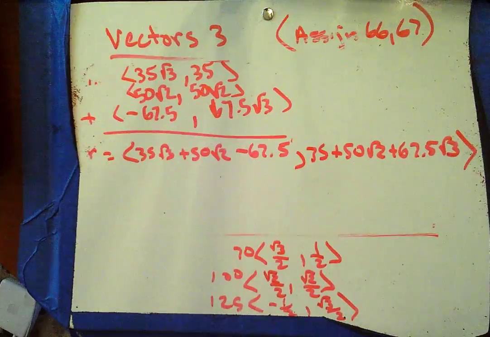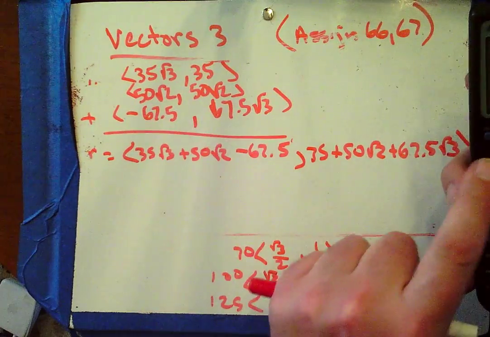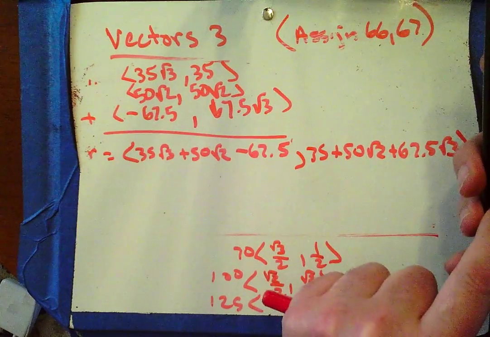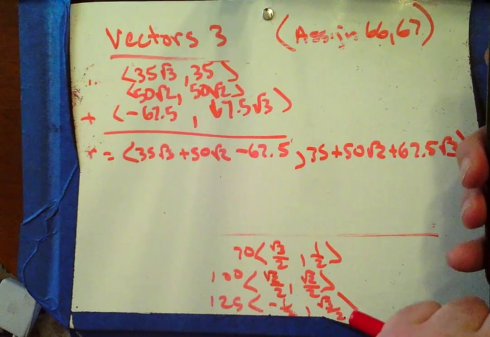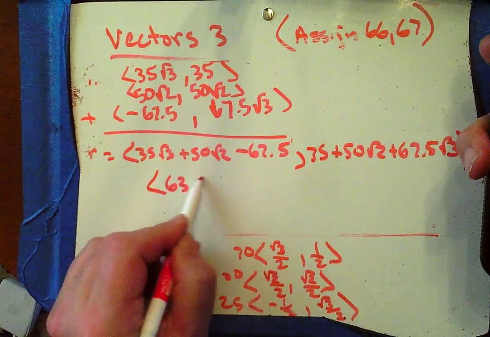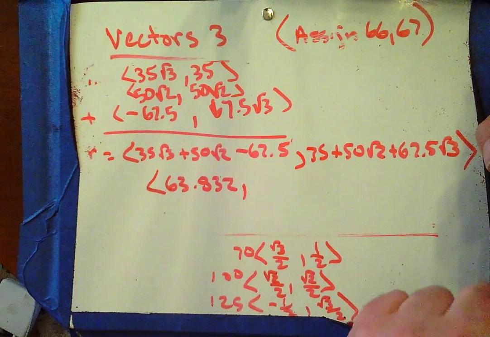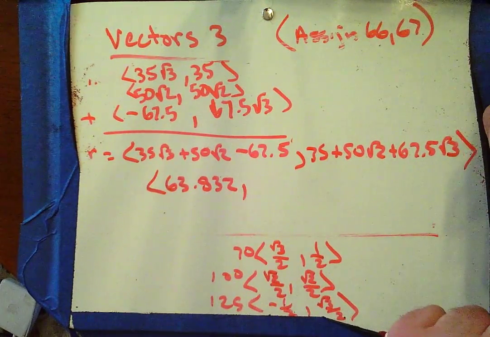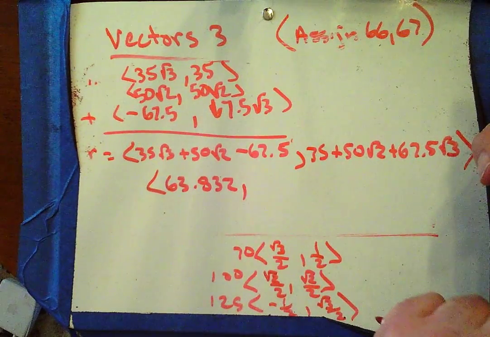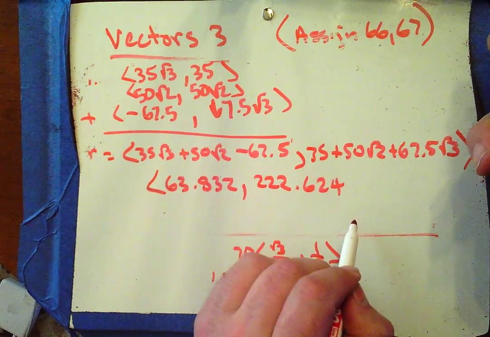Okay, and if I decimalize that, I get 35 square root of 3, plus 50 square root of 2, minus 67.5, and I get 63.832. Over here, 35 plus 50 square root of 2, plus 67.5 square root of 3, 222.624.